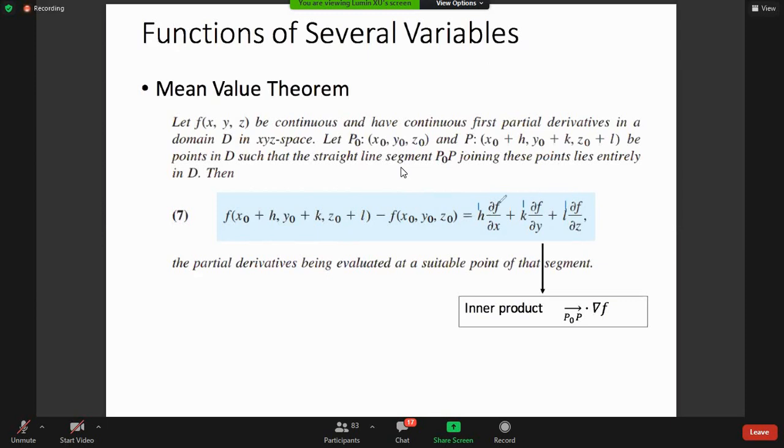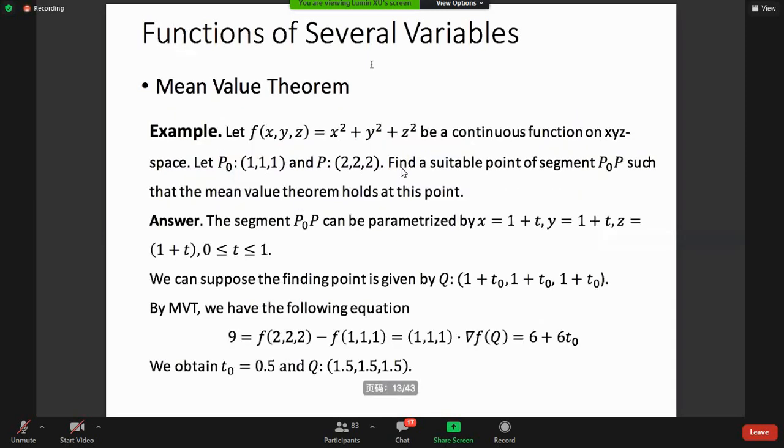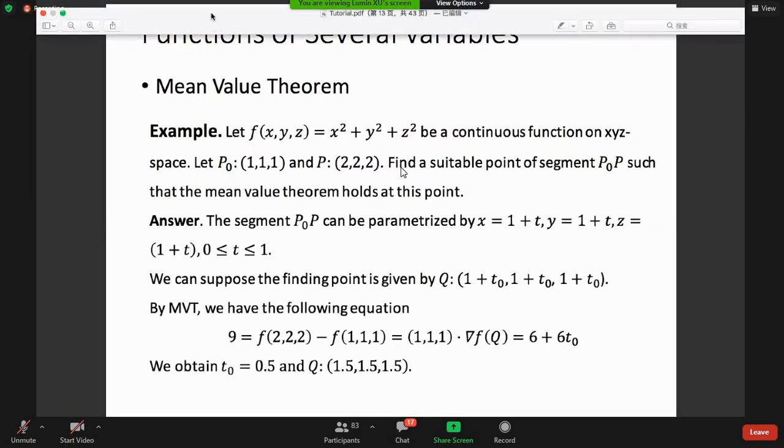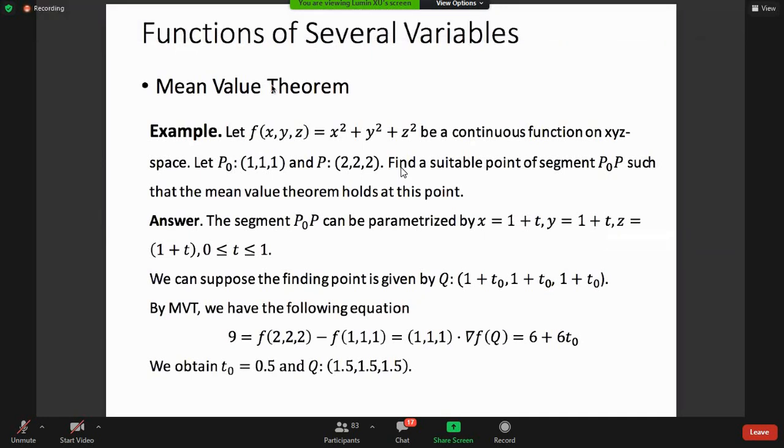Good. Then the only thing is to calculate partial f partial x, partial f partial y, and partial f partial z. Right.